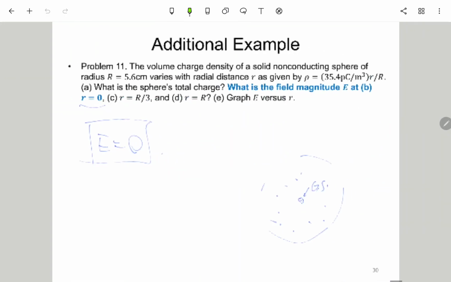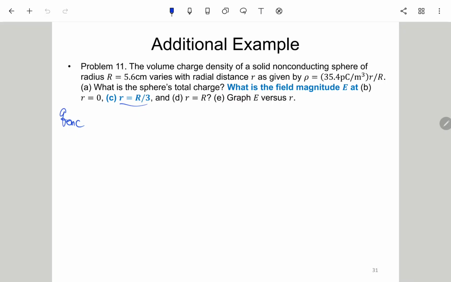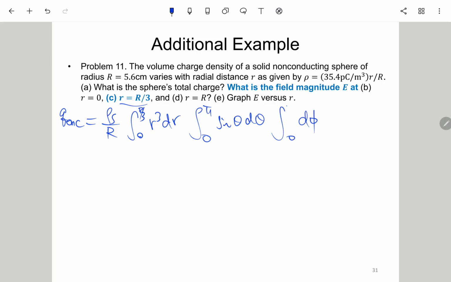So this is nothing but rho s over capital R, integration of R cubed dr from 0 to R over 3, and then integration of sine theta d theta from 0 to pi, and then integration of d phi from 0 to 2 pi. This is easy. Rho s over R, times R over 3 to the 4th power over 4, and then this is 2 again, and this is 2 pi again.